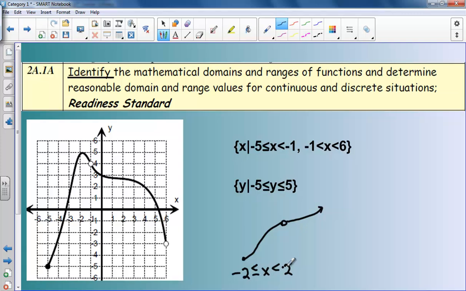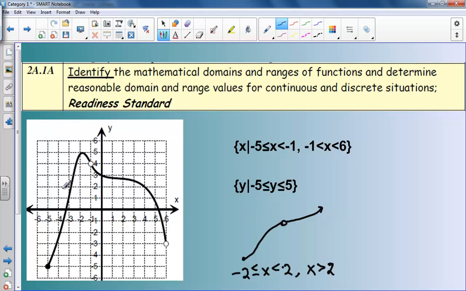So that would be the domain of this section here, and then we would have to write a separate domain for this section because there's that break in my graph right there. So that section right there would be everything greater than, open circle, so no equal sign, the 2. So some of these you're going to have 2 separate domains for.